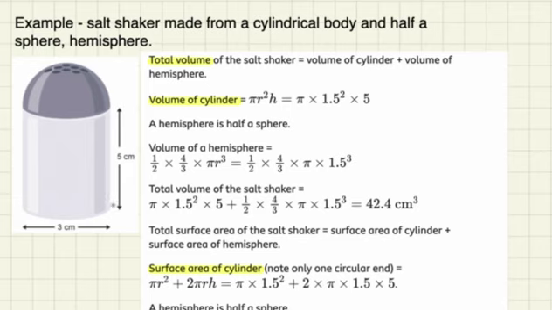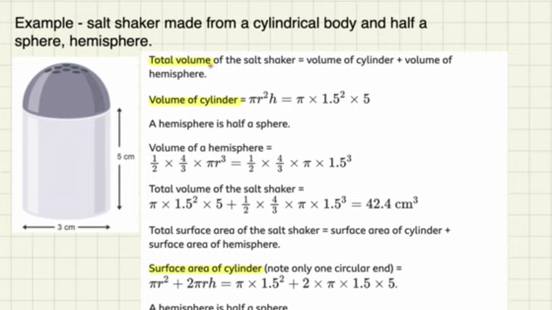So one question is, how do we work out the volume of this salt shaker? Well, knowing that it's part cylinder and part sphere, we can apply what we've learned previously. So let's start with the volume.